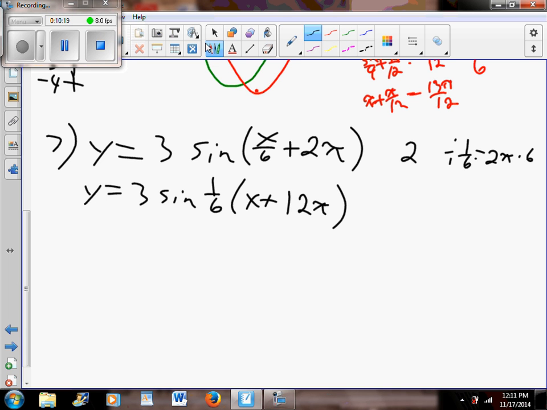Again, smart board technology does not let me adequately make that equals sign. Remember division, invert, multiply for multiplication? Okay, so the phase shift here is 12 pi units, which direction? To the left.